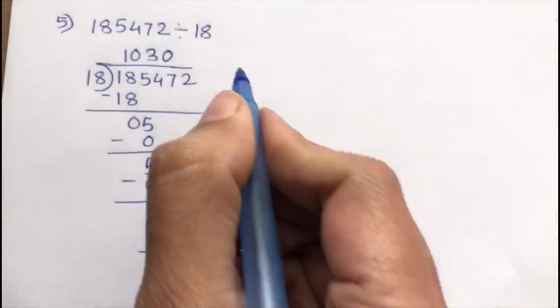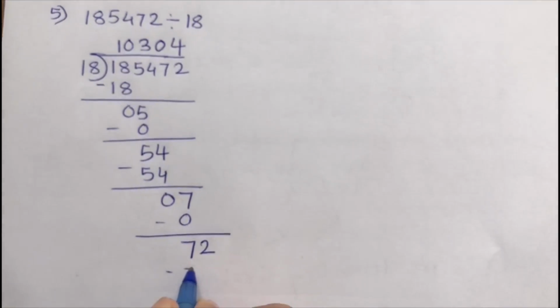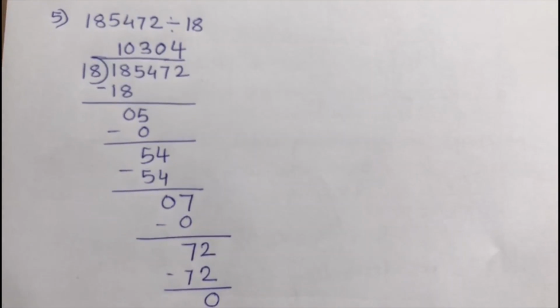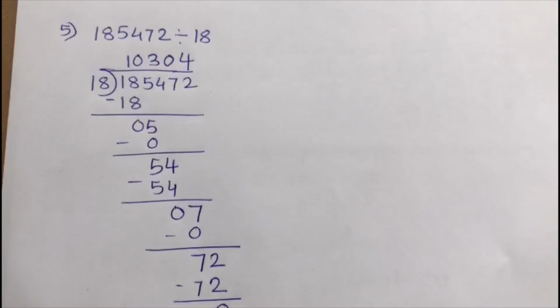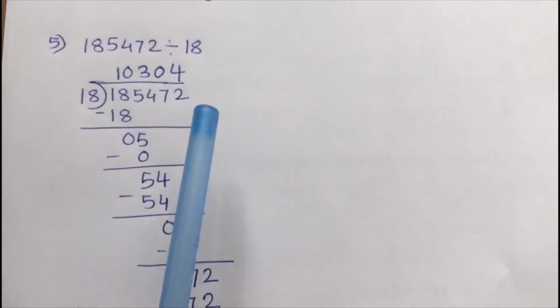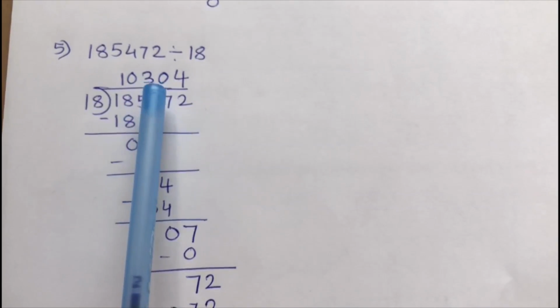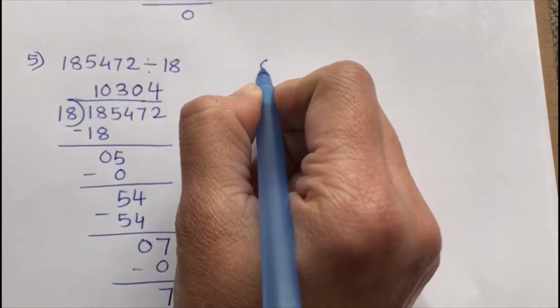It is at the 4th place, so I write here 4. And subtract this 72 from 72, and we get the remainder 0. So when we divide 1,85,472 by 18, we get the answer 10,304.